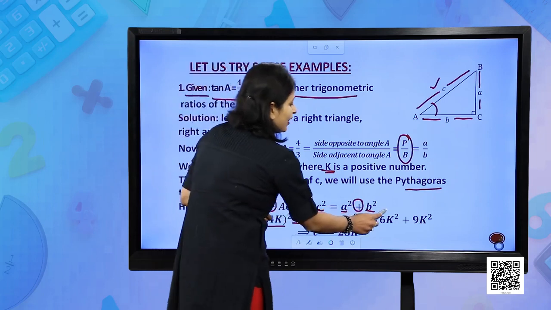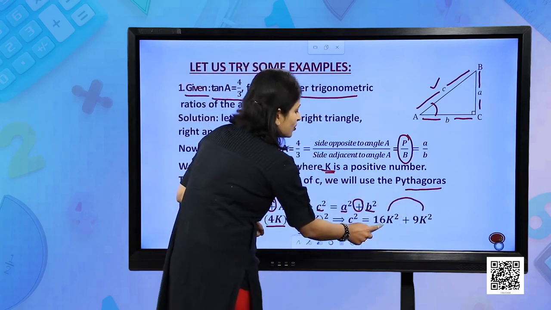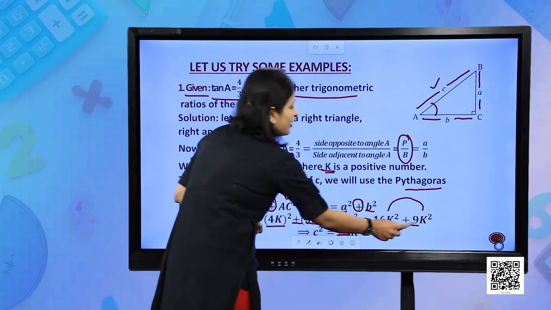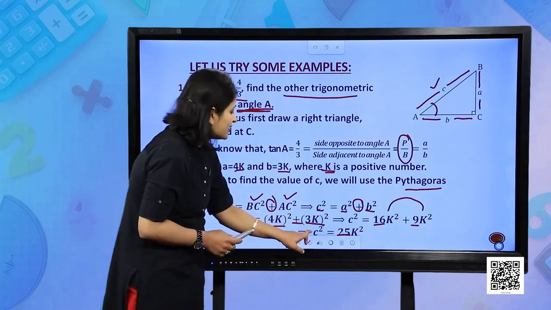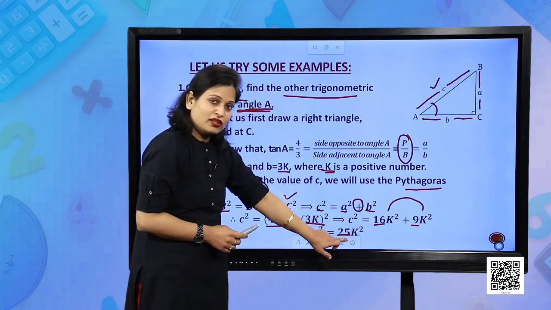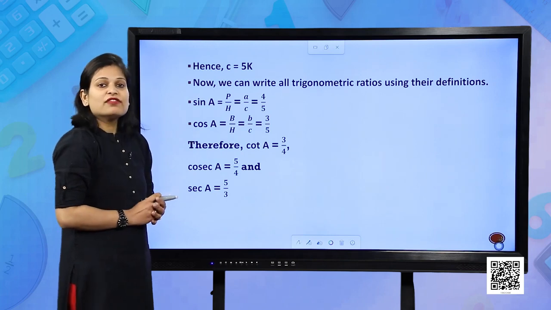Now since the number k square is the same, 16 plus 9 will give you 25 and k square will remain with it. Now since c square is equal to 25k square, how will you calculate the value of c? You will get c as 5k.